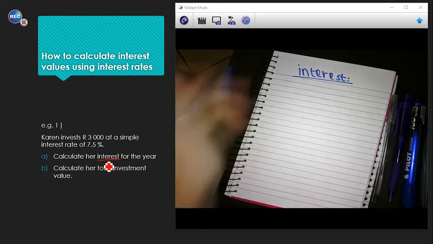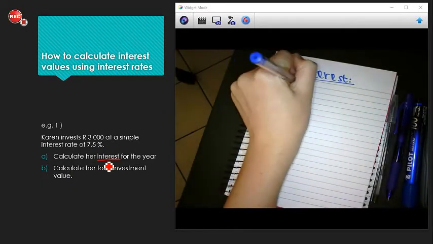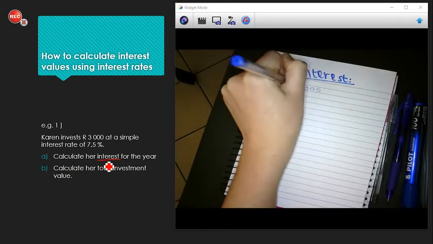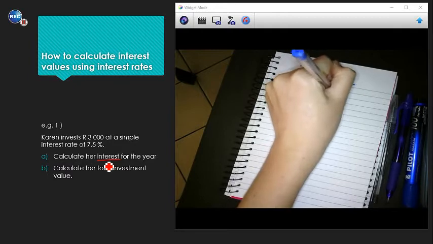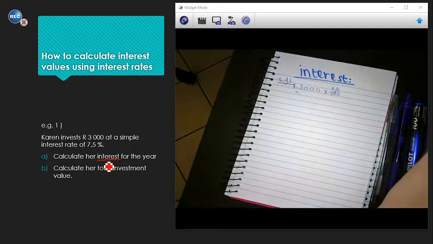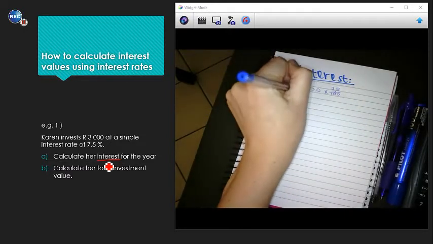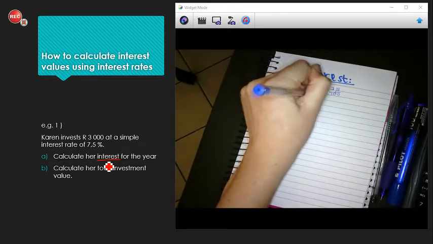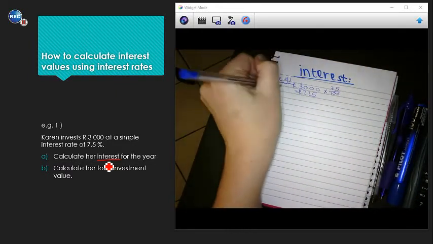So if we start the calculation, for example 1, it's going to be 3,000 Rand times 7.5 over 100, because remember it's 7.5%. And when we do that, we get 225 Rand. So that was the interest for the year.